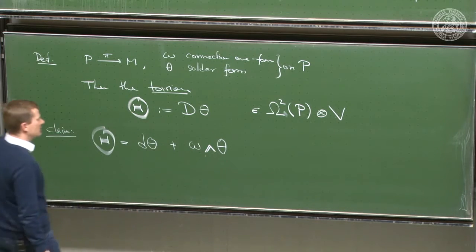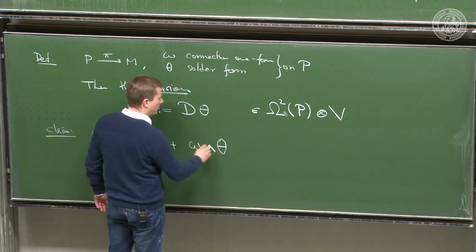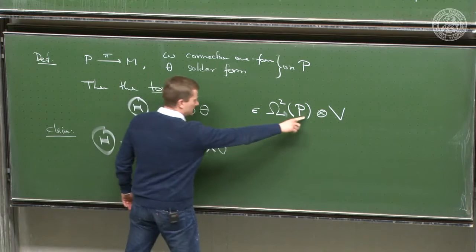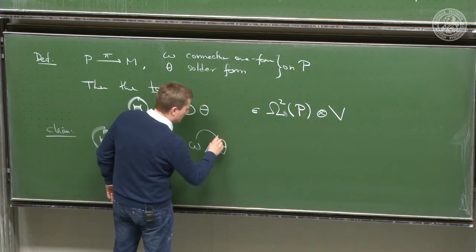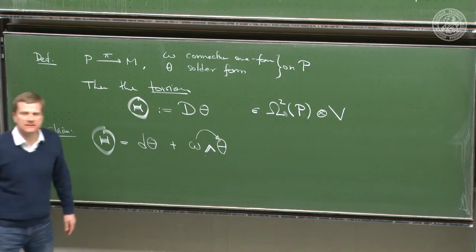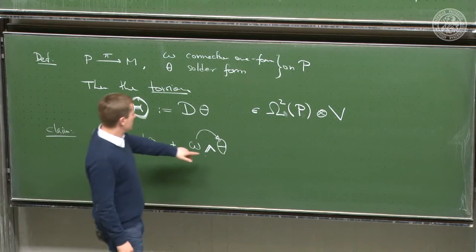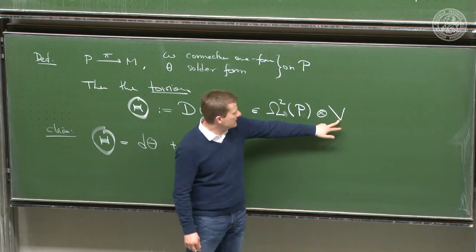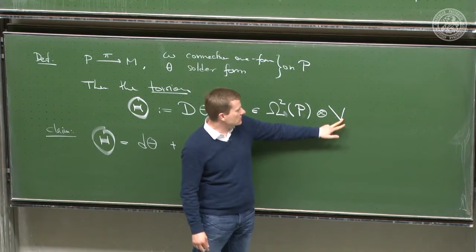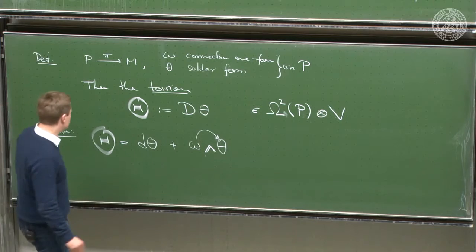It's just the idea that you take the wedge as far as the one-form character on P is concerned, but otherwise you let this Lie algebra element act on the θ, because it can, because V is a representation space of the group, but then also the Lie algebra can act on it, and that is what you do.